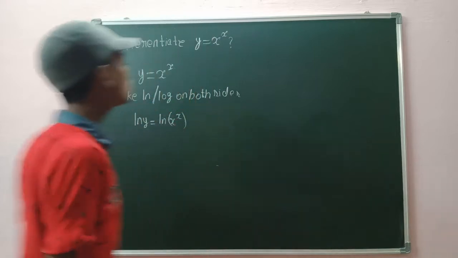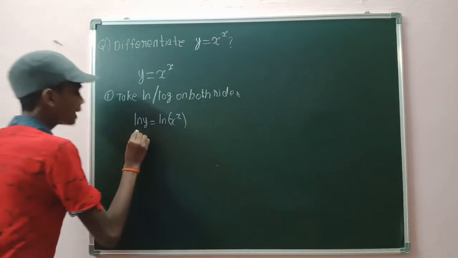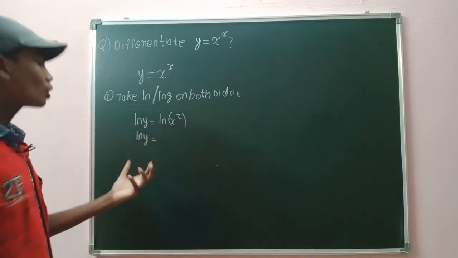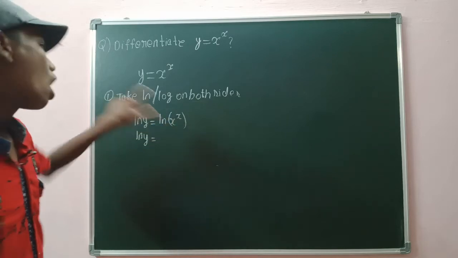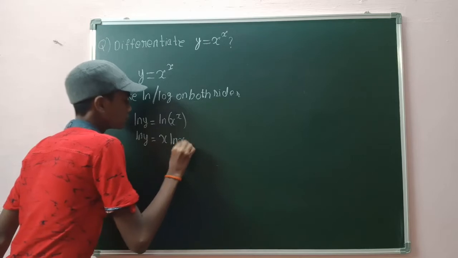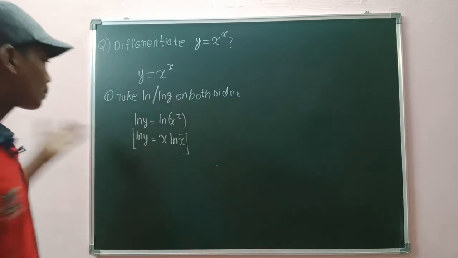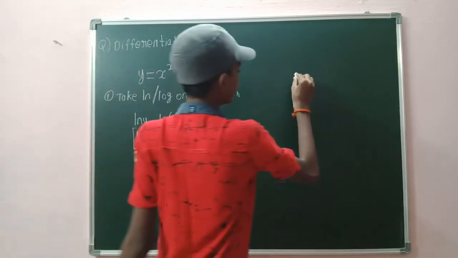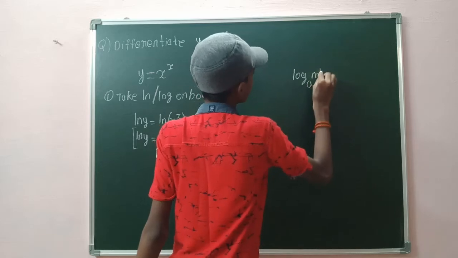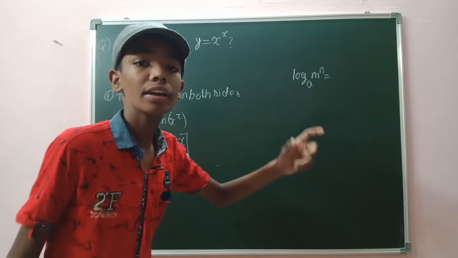Now ln of y is equal to ln of x power x. In the RHS, let me use the laws of logarithm. Using the laws of logarithm, I can take this power x outside, therefore I will get x into ln of x. The property of logarithm I use here is very simple: log to the base a of m power n can be written as n into log to the base a of m.